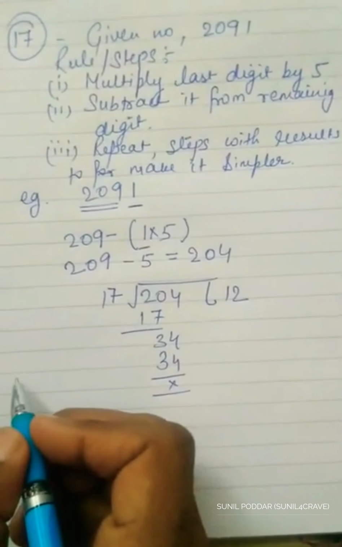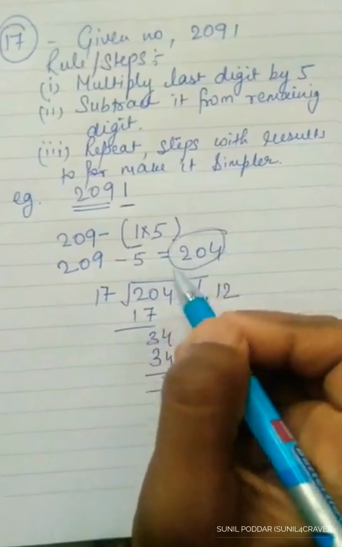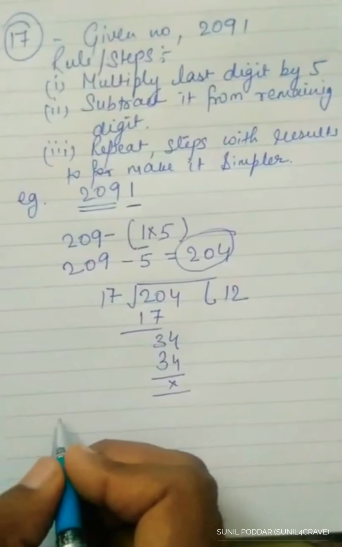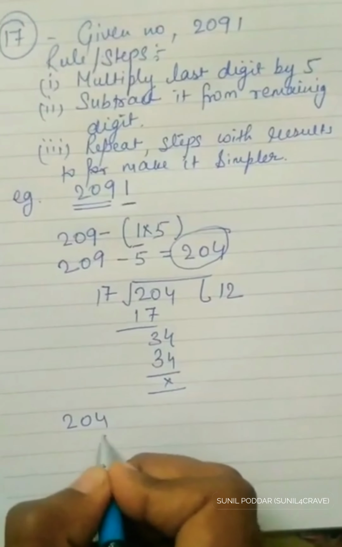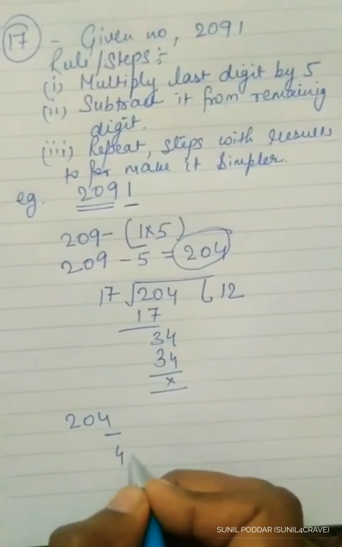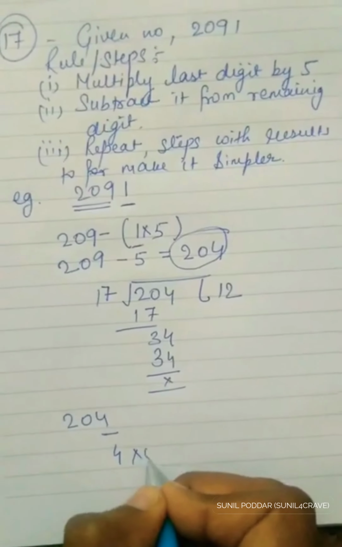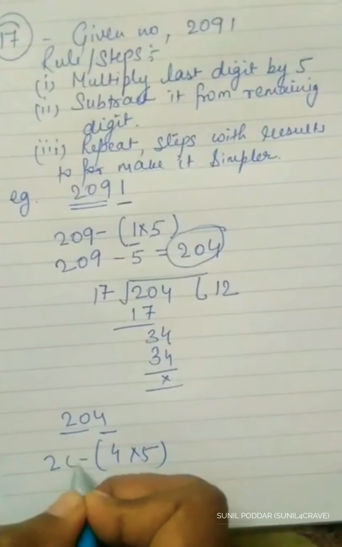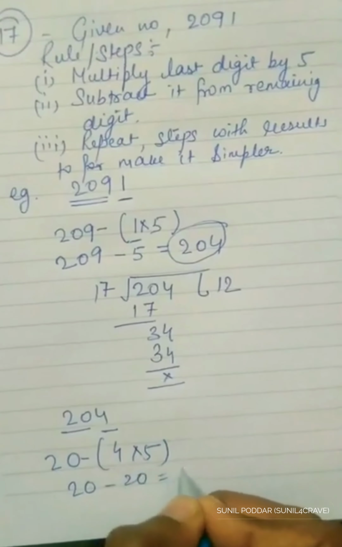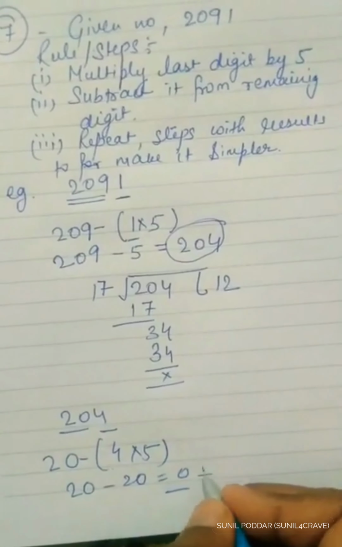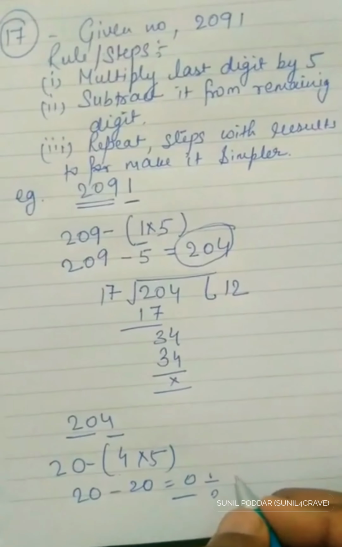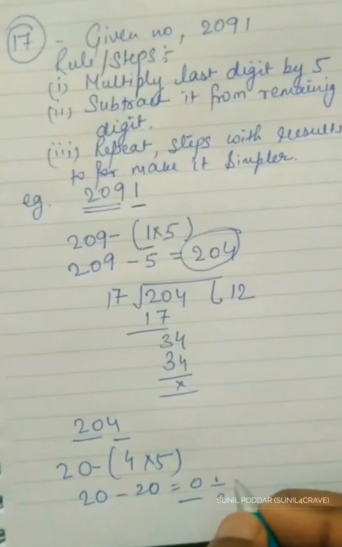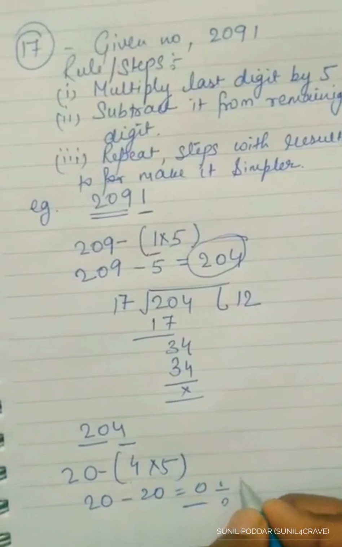If you still find it difficult to determine whether it is divisible by 17 or not, you will go again by the same step. The last digit 4 multiplied by 5 and subtracted from the remaining digits, that is 20 minus 20, is 0. And you know, if you divide 0 by any number, it is 0.